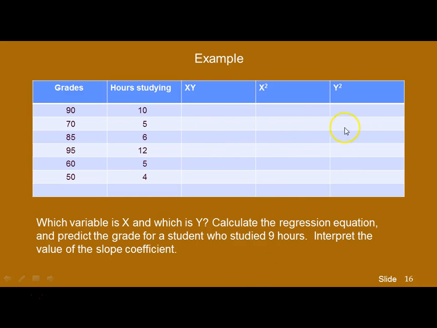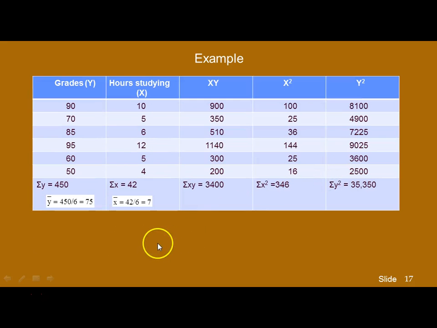I've left some extra columns here because these are some of the other calculations that you're going to have to do. You're going to have to multiply x times y. You're going to have to get x squared and y squared. So here's all of the intermediate calculations that we need. Again, grades is our y variable, study hours is our x variable.